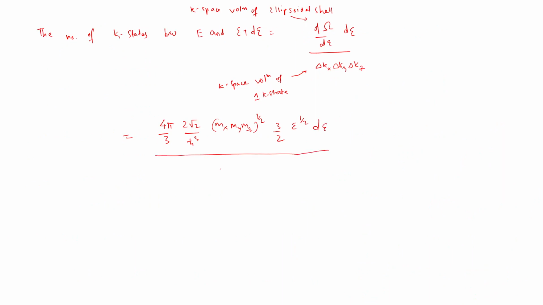So that was the numerator, and the denominator would be 2 pi whole cube over V. Okay, so this is the number of k states.